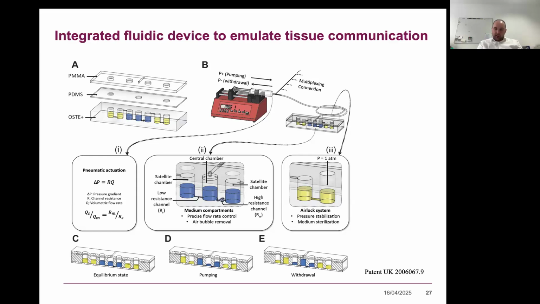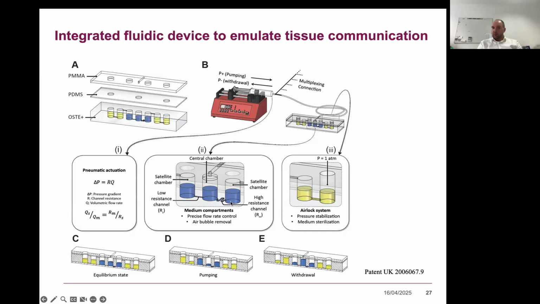Another feature that I would like to emphasize is that when you look closely here, one of the satellite chambers is connected to the center using a straight channel, the other one via a meander channel. This means that if we are pushing gas into the central compartment, more of the liquid will flow into the straight channel because the resistance is proportionally lower, and less will flow to the meander channel.